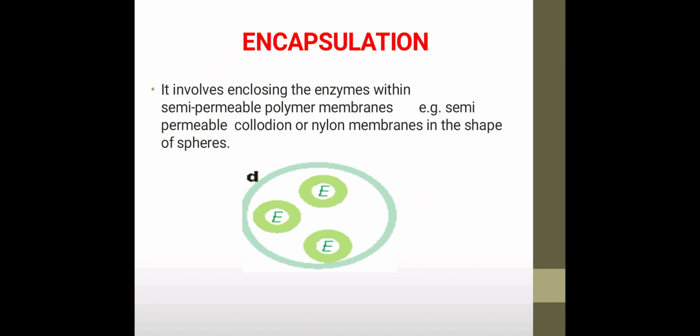Example, semi-permeable colloidal or nylon membranes in the shape of a sphere. In this picture, you can see very clearly we can encapsulate this enzyme using a sphere-shaped colloidal structure. So this method is said to be encapsulation.